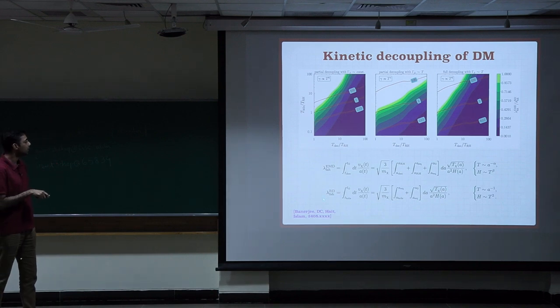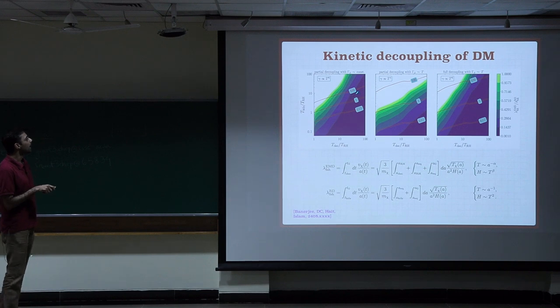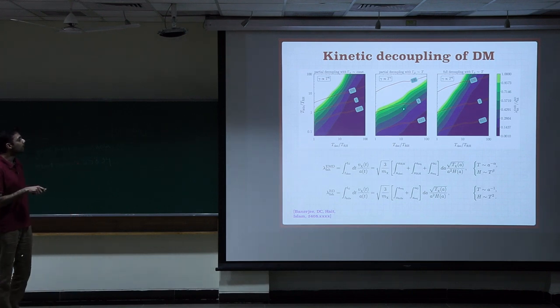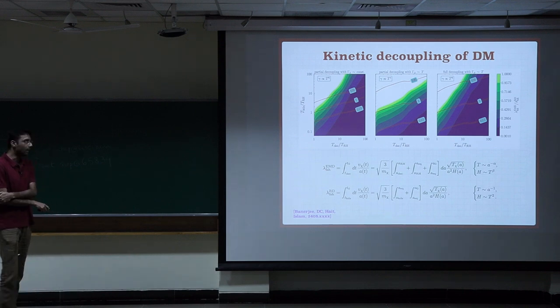Sorry, this is the opposite. It is basically the EMD by radiation, and these different contours show the elastic scattering. Elastic scattering being 1 and less means there is a unique vertex which gives rise to the relic density as well as elastic scattering.